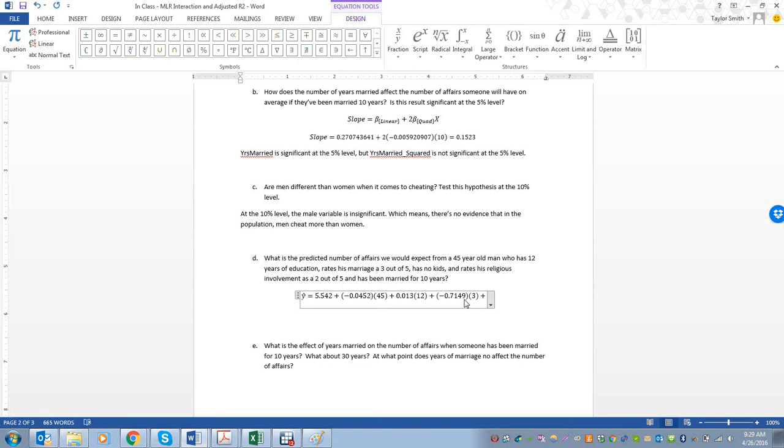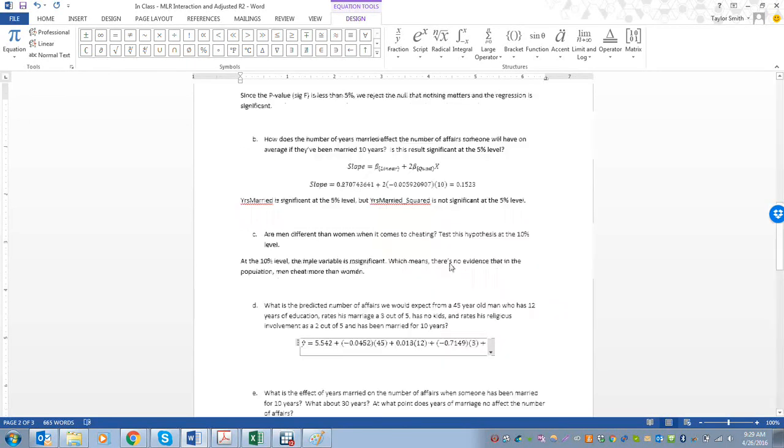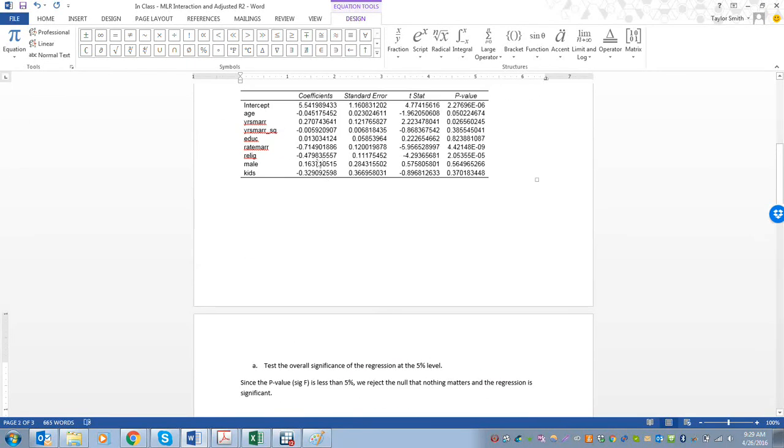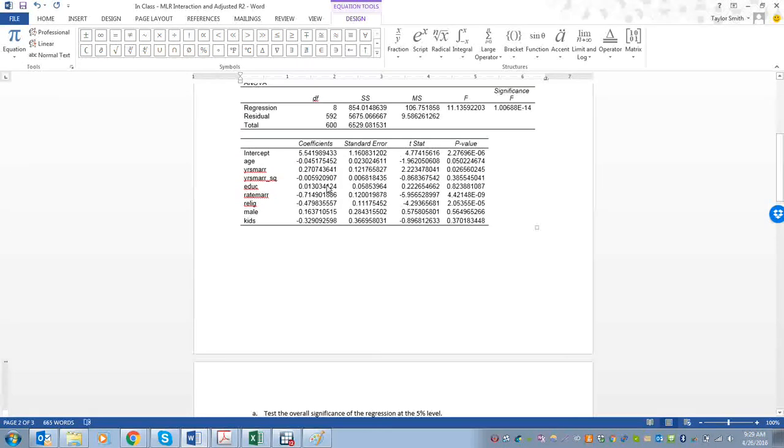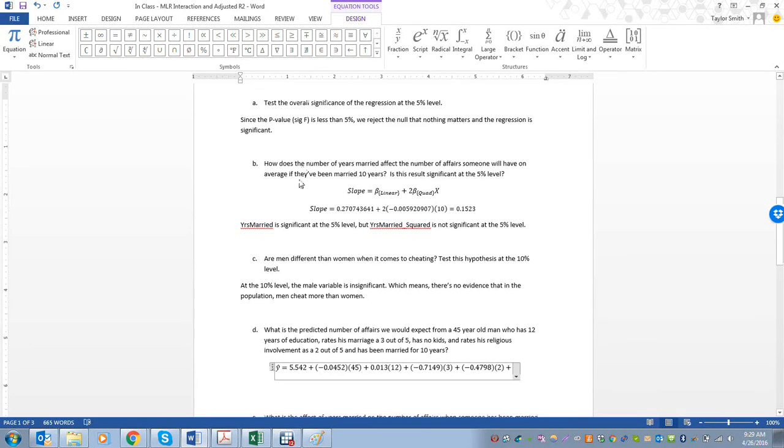Rates his religious involvement. So we can go up and look at religious involvement. It is negative 0.4798, times, he rates it as a 2. And finally, he's been married for 10 years. So we go up and look for years married. Years married is 0.2707.